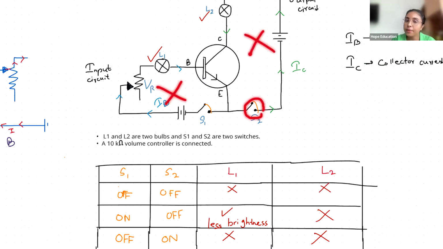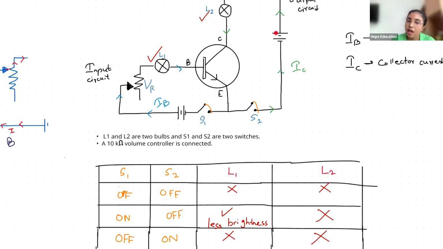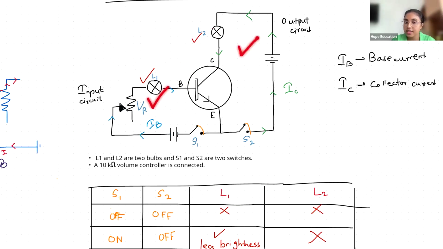Right? ඒකෙන් අපිට කියන්නේ the output circuit current, that means IC, depends on the input circuit current, which is IB. මොකද මෙයා නැත්තම් මෙයත් නැහැ. So IC depends on IB. Then, if there is a current in the input circuit, which is IB, there will be a current in the output circuit, which is IC.